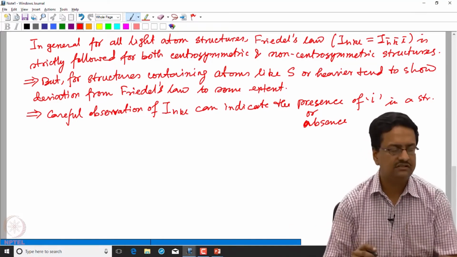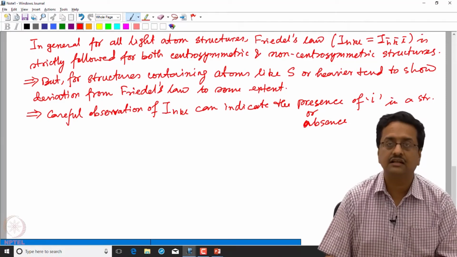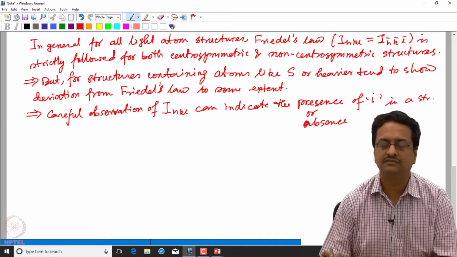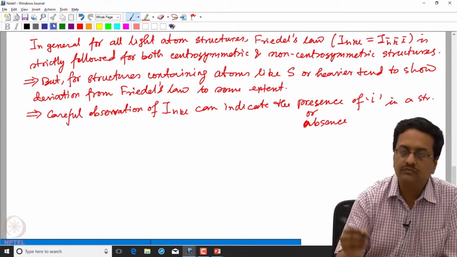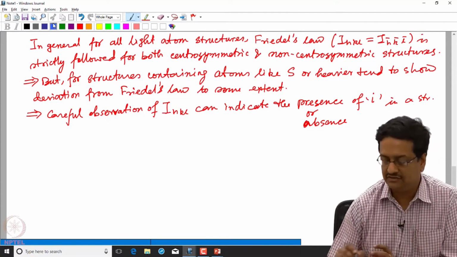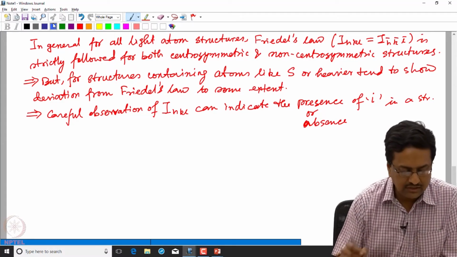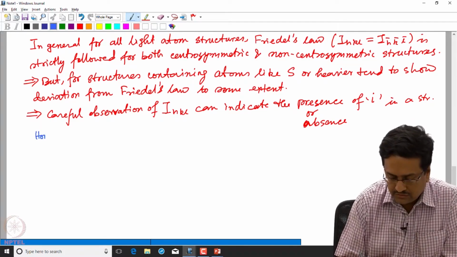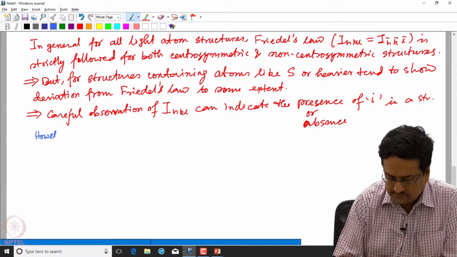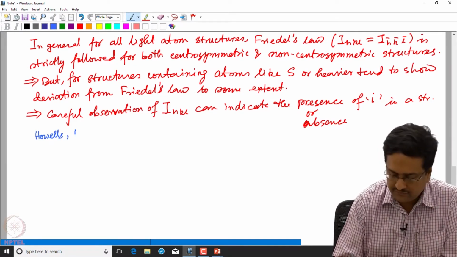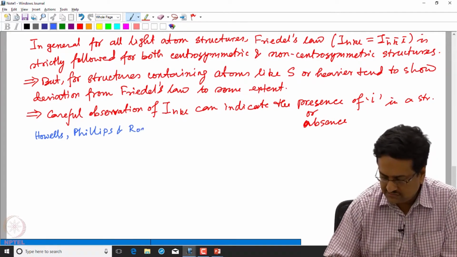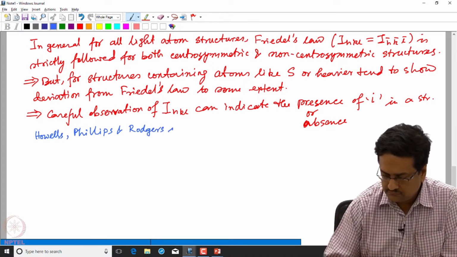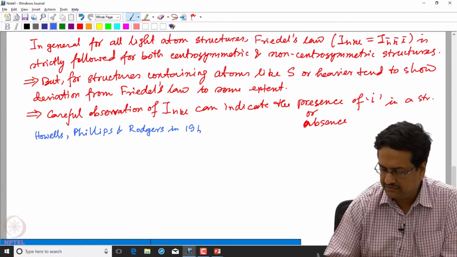To determine the presence of this inversion center in a structure, there are a few different methods that are known in the literature. So now here I am going to discuss one such method which is called the Z test or NZ test, and it was introduced by Howells, Phillips and Rogers in 1950.